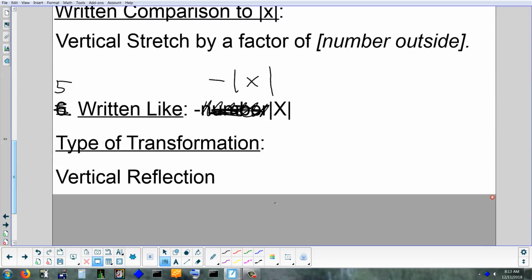Mr. Hager, could you have a number outside that's negative? We treat it as a separate transformation. Okay. Yep, two separate. So what Mr. Roy is saying is if you had something like this outside, that's actually 2 transformations at the same time.